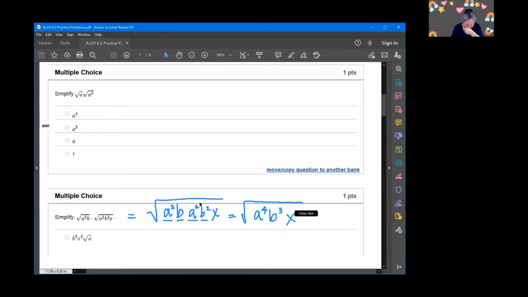Then only the squared part can come out of the square root, right? That's what we learned in the previous one.